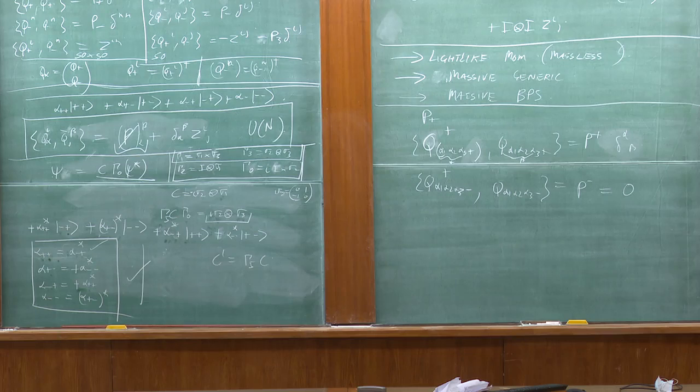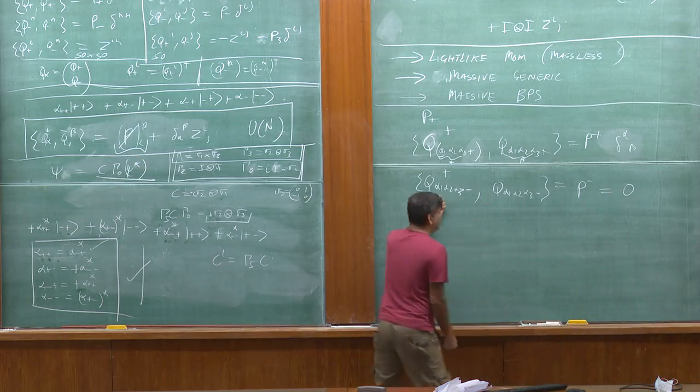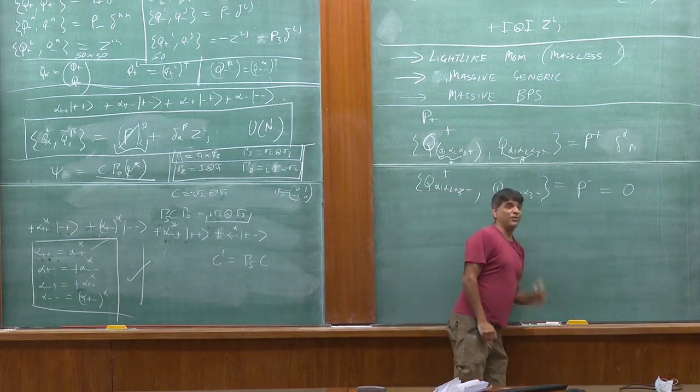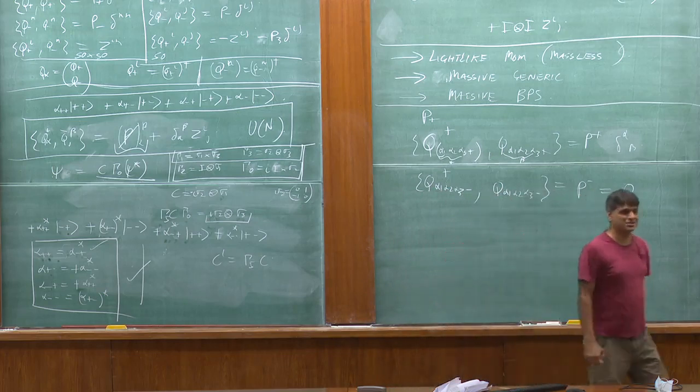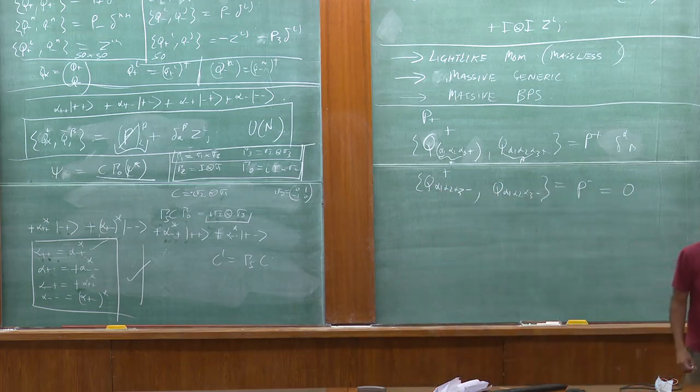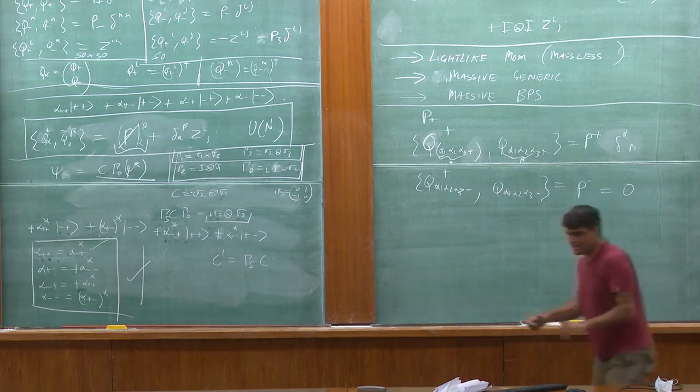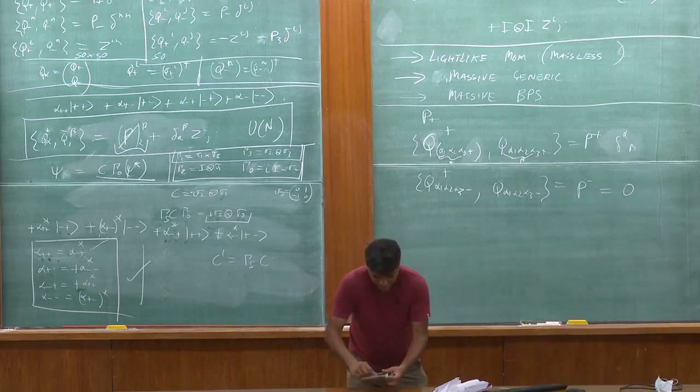Okay. Now, this guy just gives 0. Okay, so it has no index structure. 0 is interesting. Okay, and let me just write down the last part.